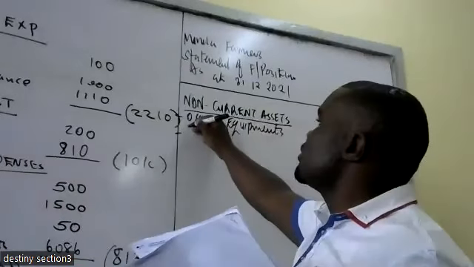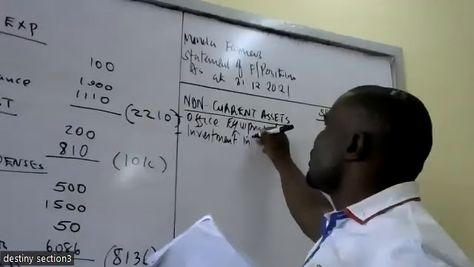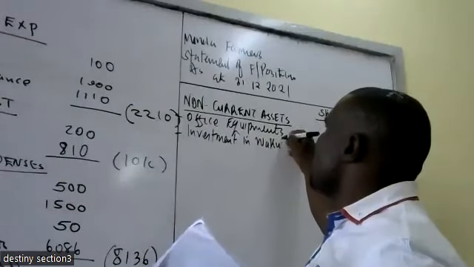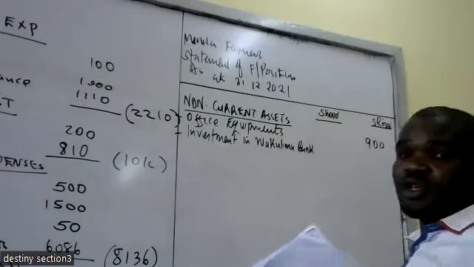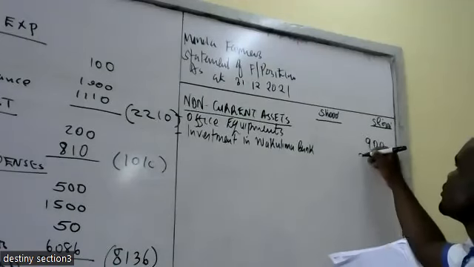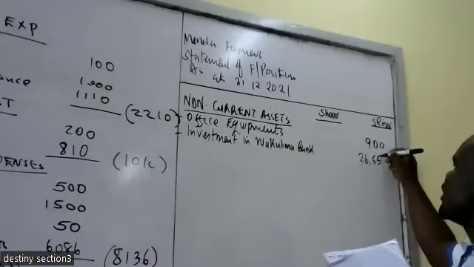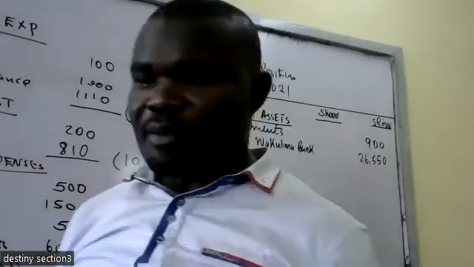So investment in Wakulima Bank, that is 26,500 and 50. Actually, there is no long-term asset.